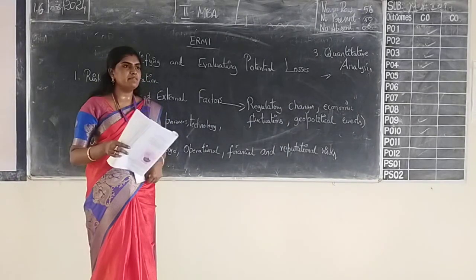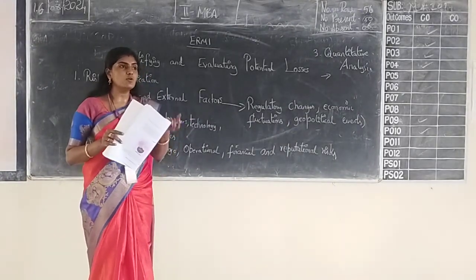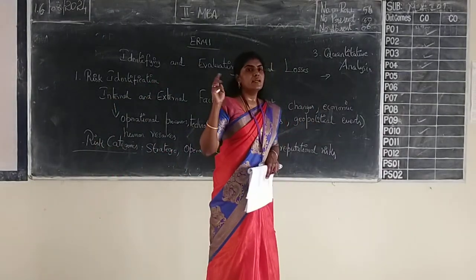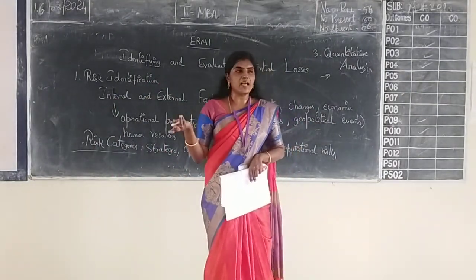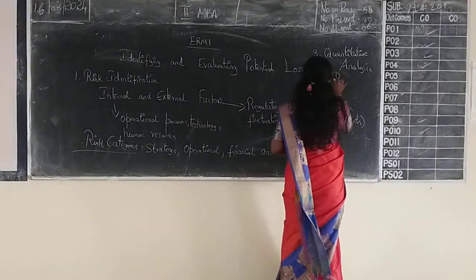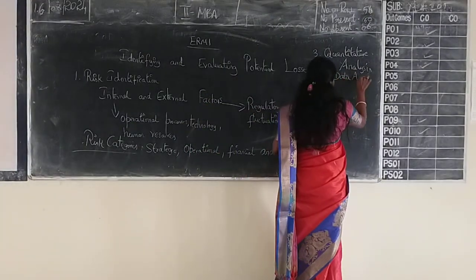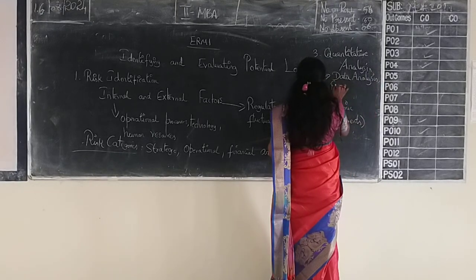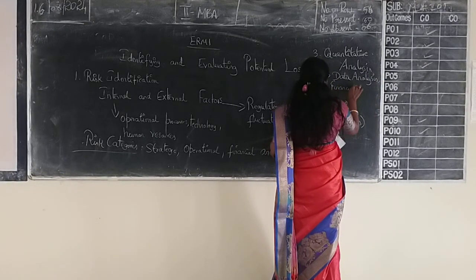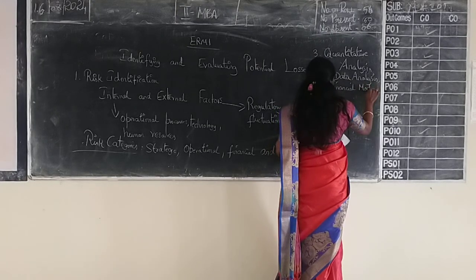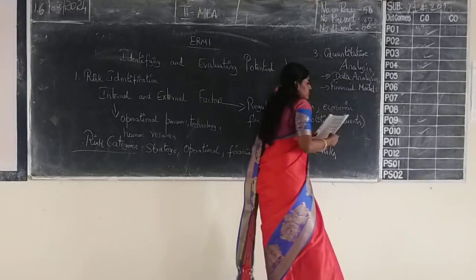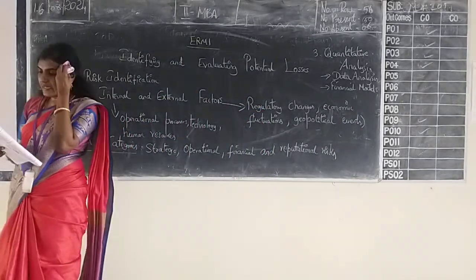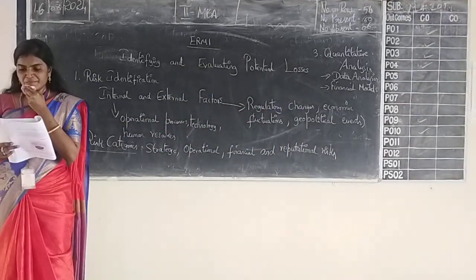You already identified the risk, and based on the data you have, you have to analyze that. Here you have two types of analysis, that is the data analysis and the financial models. So below write data analysis, next financial models.